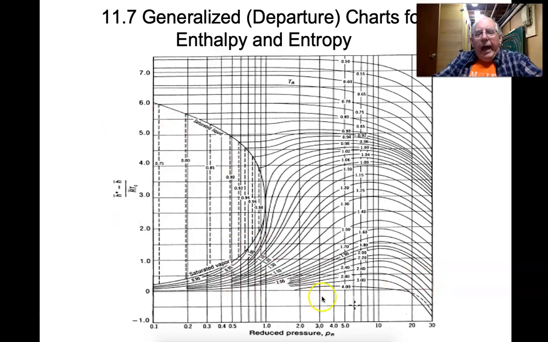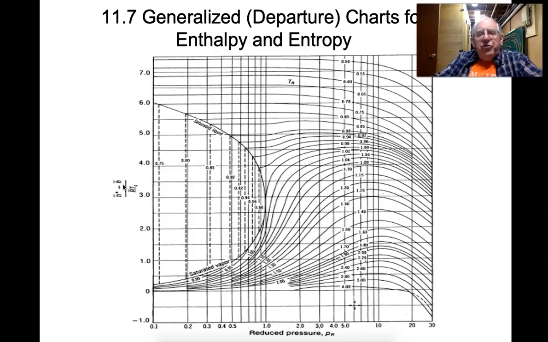And so the axes here are similar to what we had before. Here is the reduced pressure, the P sub R, and then over here are the reduced temperatures, lines of constant reduced temperature, and the y-axis now is that departure relationship. And again, it is written as the ideal gas minus the actual enthalpy.